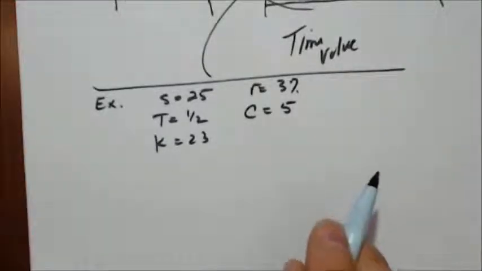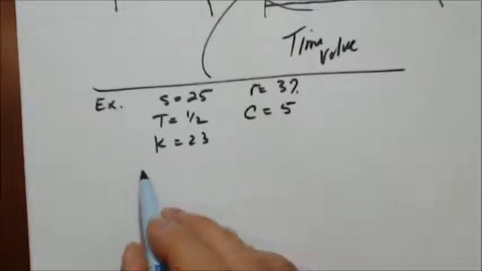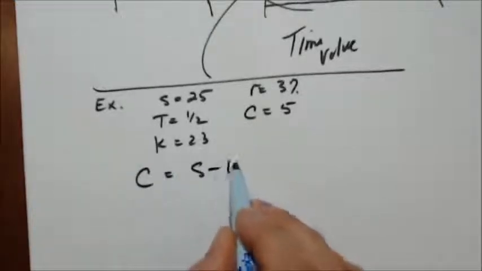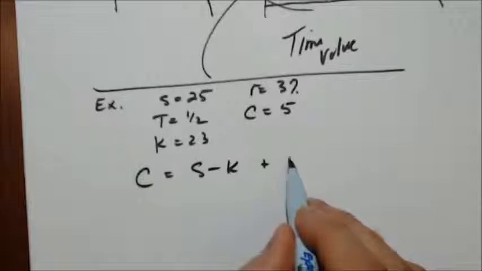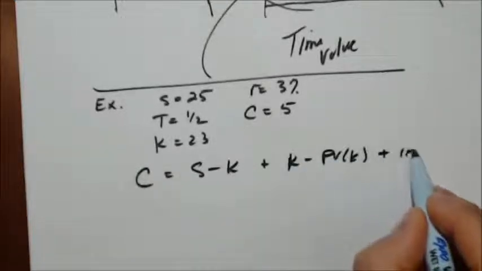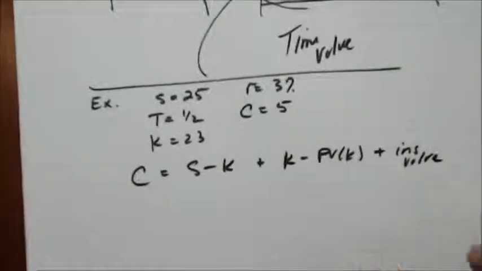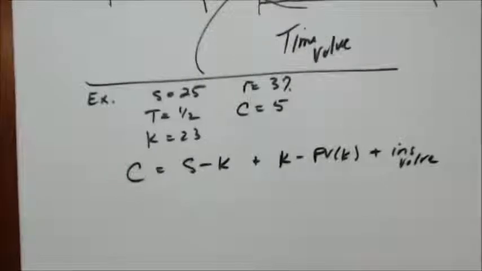So now, what are the components of this option? C equals S minus K plus K minus PVK plus insurance value. It's worth doing this exercise so you see that we can observe this on the Chicago Board Options Exchange, Wall Street Journal, CNBC.